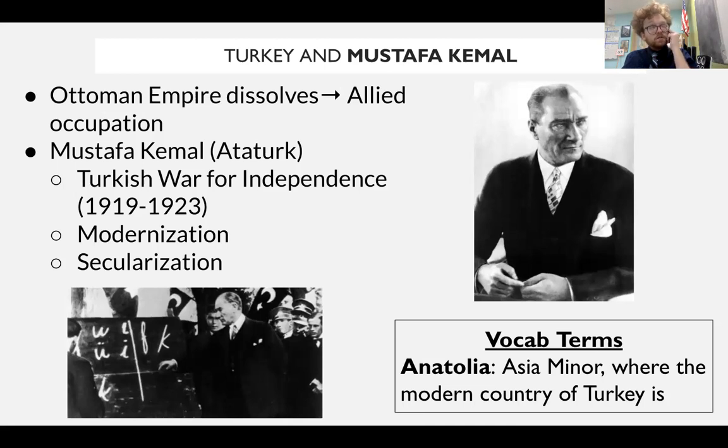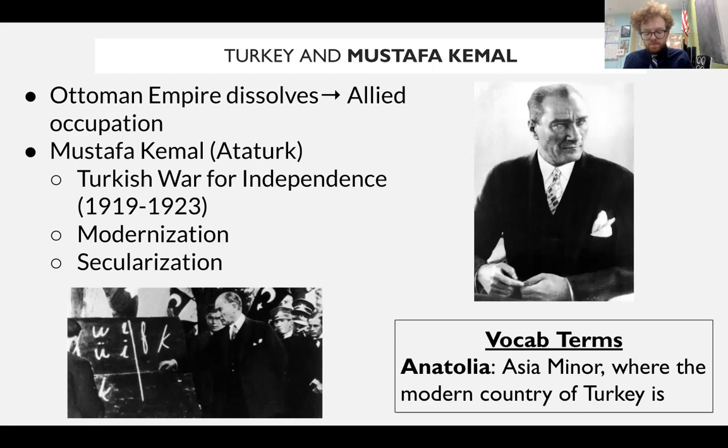Well, let's go back to the end of World War I. When the Ottomans finally surrender, we are going to have an occupation of its capital, Istanbul, by a combined force of the Allies. We have the French, the British, Italians, Greek people. And they are all going to occupy parts of Anatolia and Istanbul.